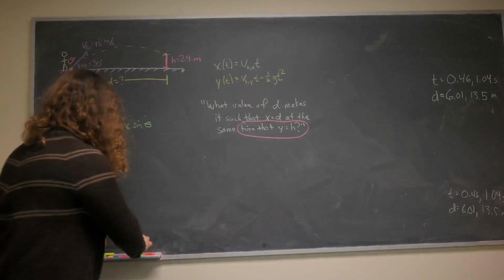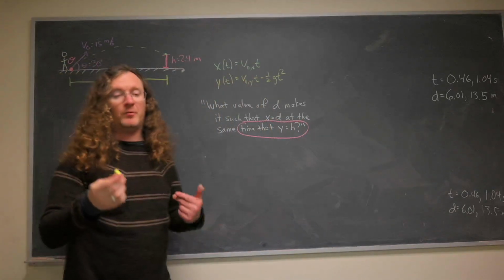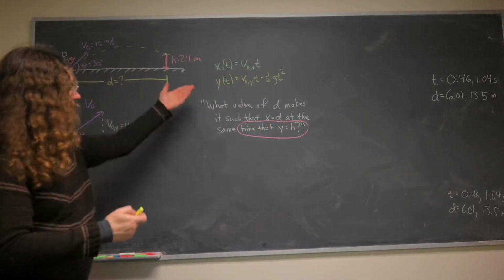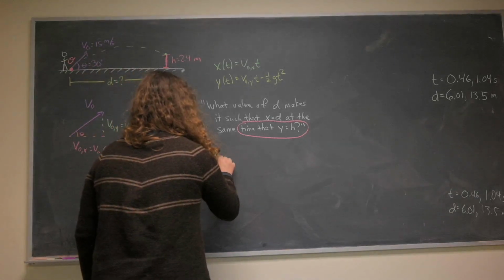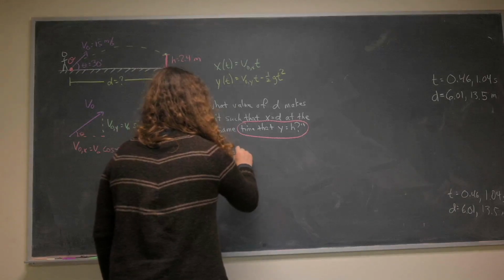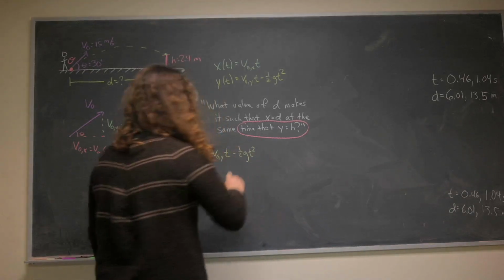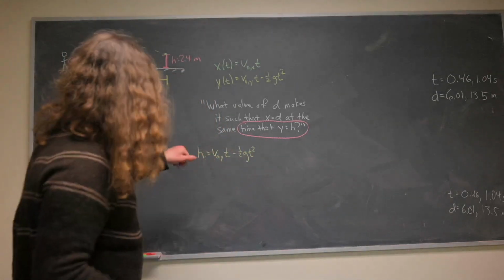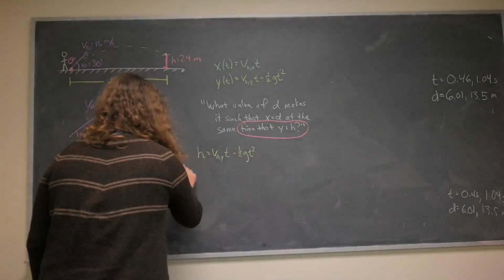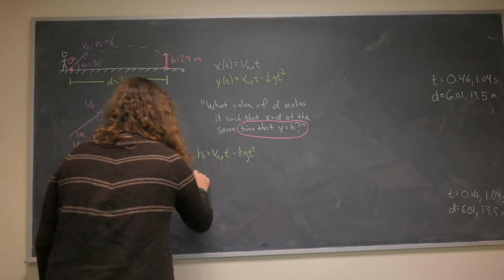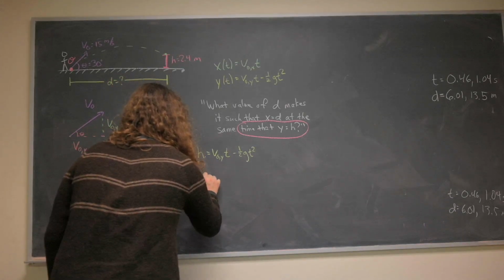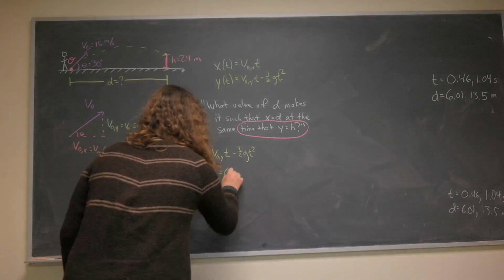The first thing I need to do is find the time when y equals h. So I set that equal to h. h equals v naught y t minus 1/2 g t squared. This is a quadratic equation. So put everything on one side. I have 1/2 g t squared minus v naught y t plus h equals 0.